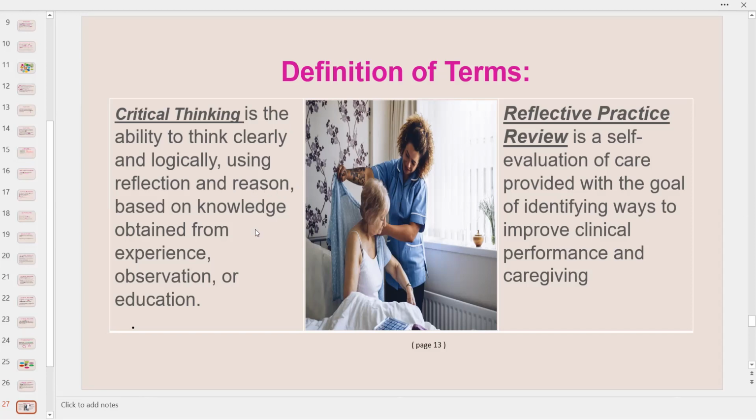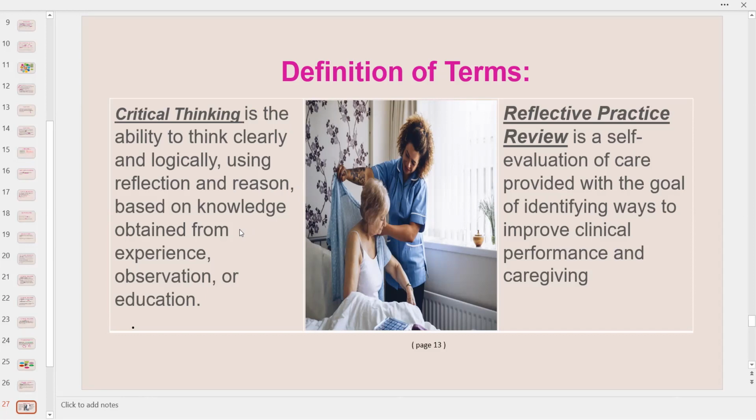This is based on the knowledge that the support worker obtained from her experience, from her education, and from her observation. So before performing a procedure, always think, is this the right procedure for the right client? Is this indicated in the care plan? Am I competent enough? Do I have the right training to perform this type of procedure?